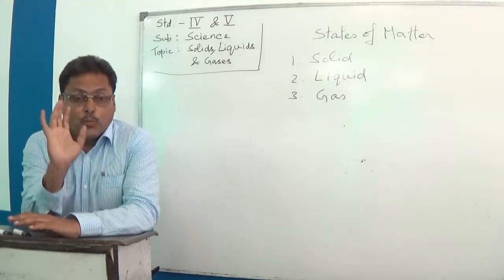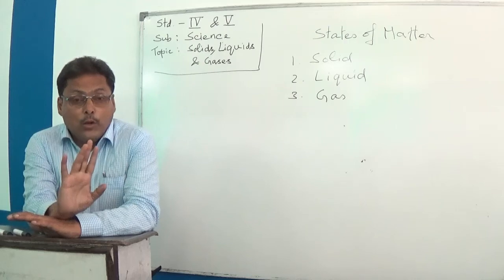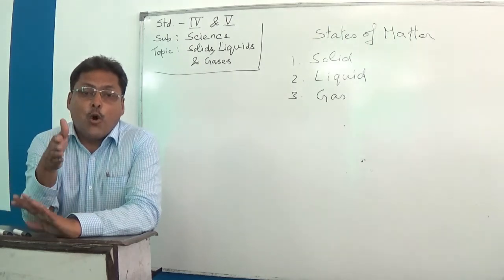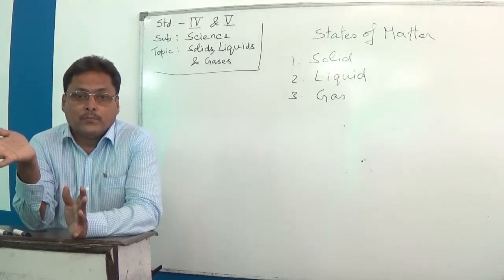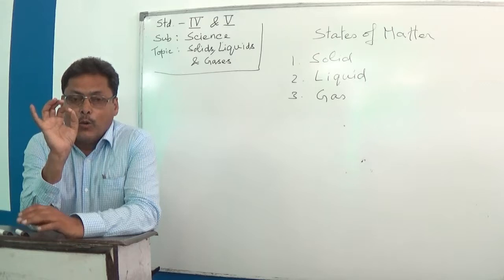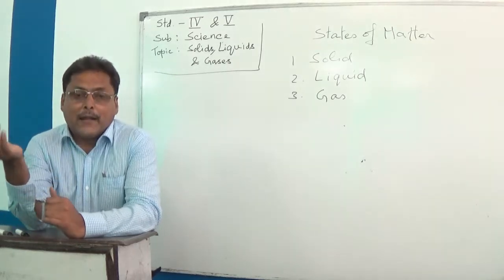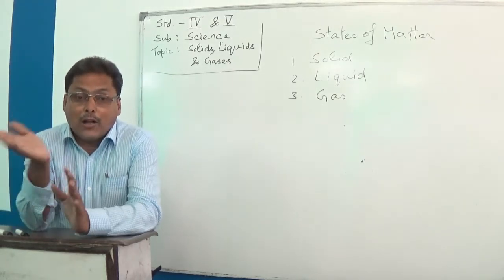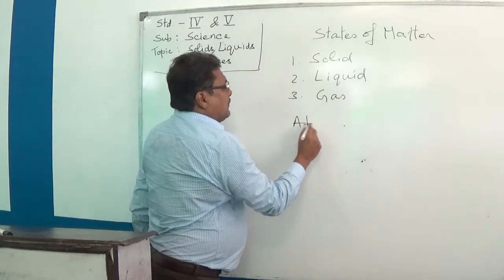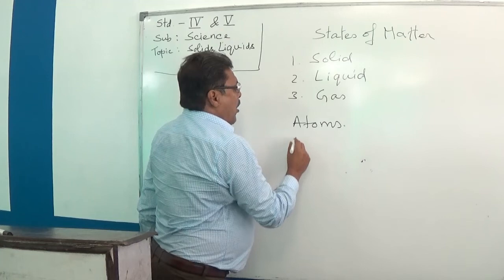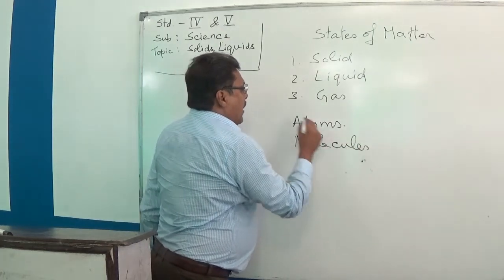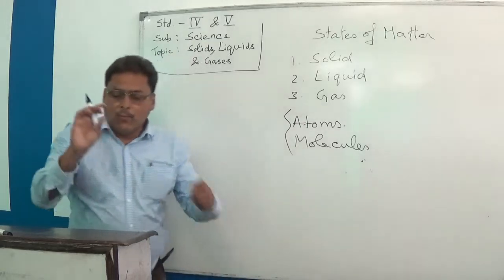So small that you cannot even see them through a very strong microscope. These very small particles which make different kinds of substances are called either atoms or molecules. Both are very small particles.